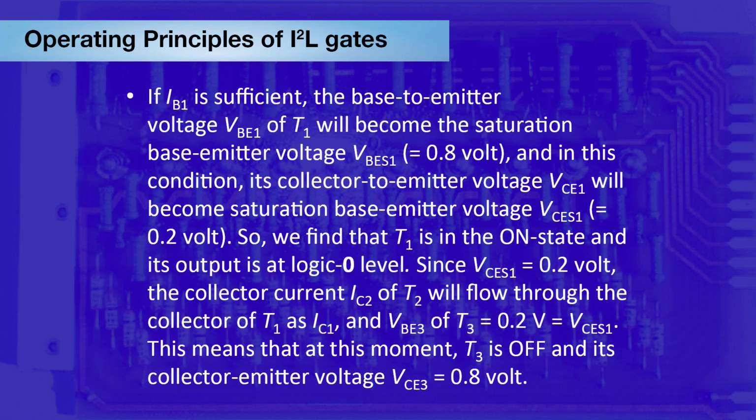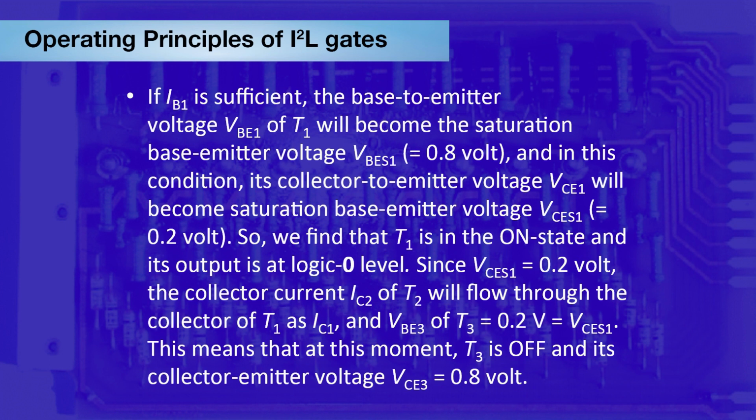If IB1 is sufficient, the base to emitter voltage VBE1 of T1 will become the saturation base emitter voltage 0.8 volt, and the collector to emitter voltage VCE1 will become the saturation voltage 0.2 volt. So we find that T1 is in the on state and the output of logic is 0.